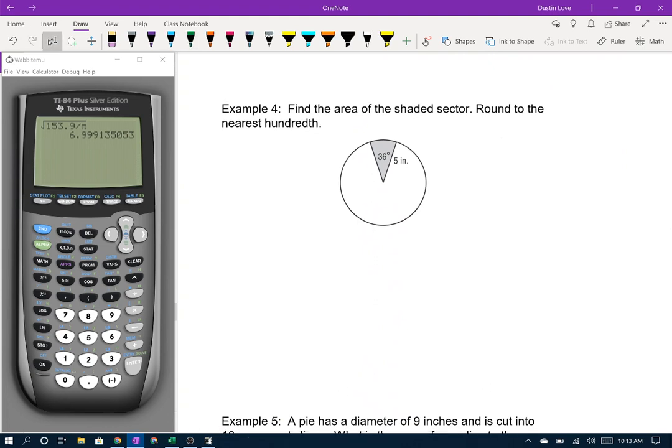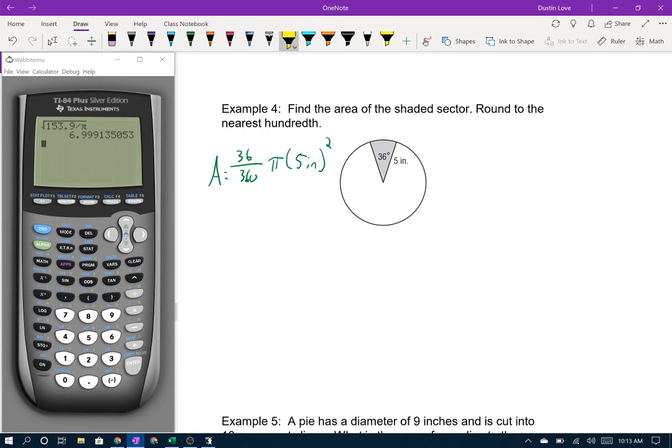Okay, find the area of the shaded sector and then round to the nearest hundredth. All right, so we got area equals x over 360. X is the angle measure, which is 36, divided by 360, times pi times the radius, which is 5 inches squared.